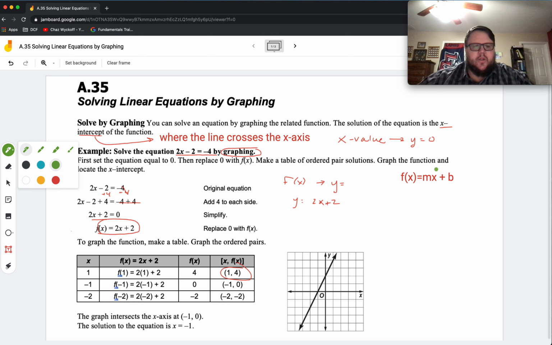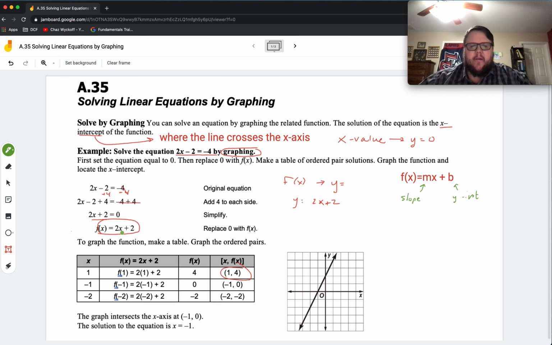And we want to remember that m is what we call our slope, and b is our y-intercept. So if x-intercept is where it crosses the x-axis, y-intercept is where it crosses the y-axis. Our slope tells us how we move, and our intercept tells us where we start.